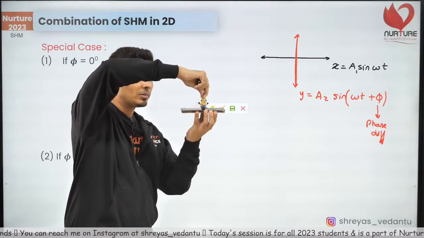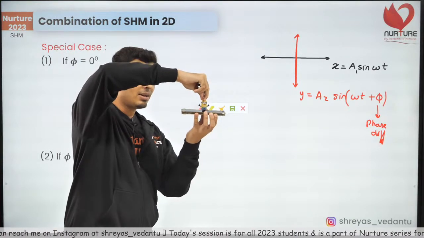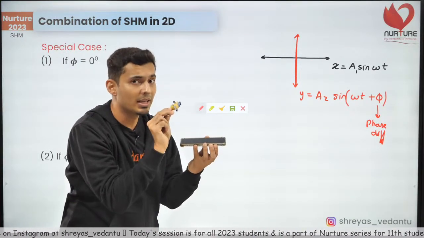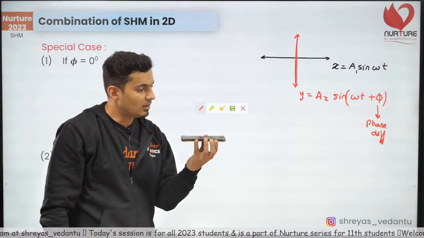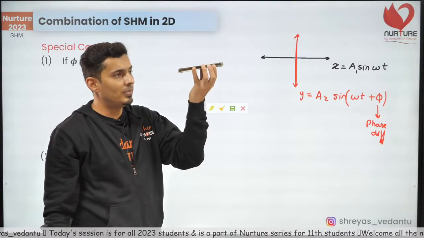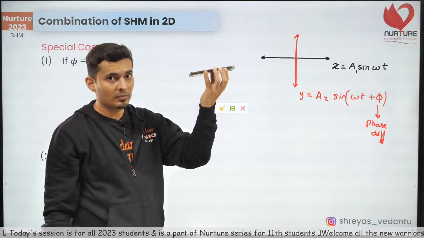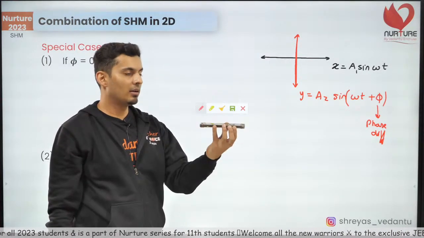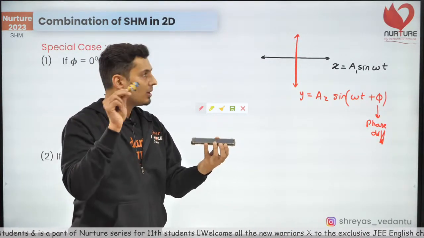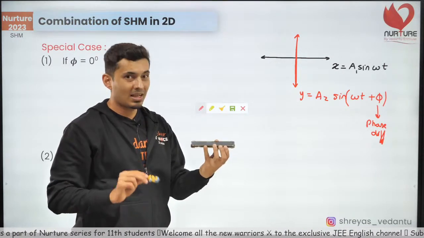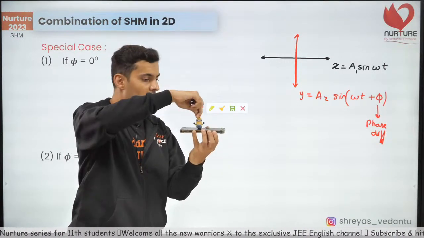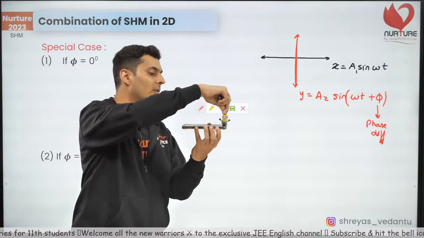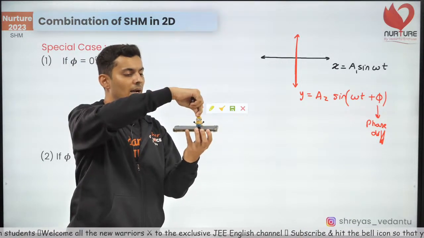Okay. So what happens is, if the phase difference is 0, it means the platform is going up from the mean position. It goes to the upper extreme and then it comes down and it comes back. So phase is 0, that means the platform starts from the mean position going up, and pandu is also going towards the right, and then he will go and come back over here.